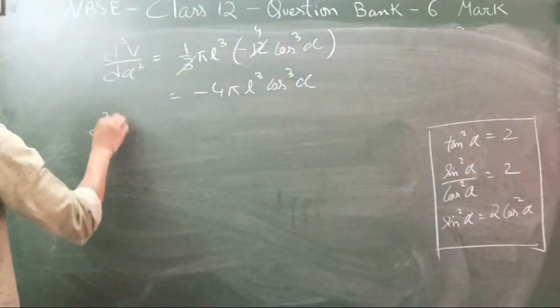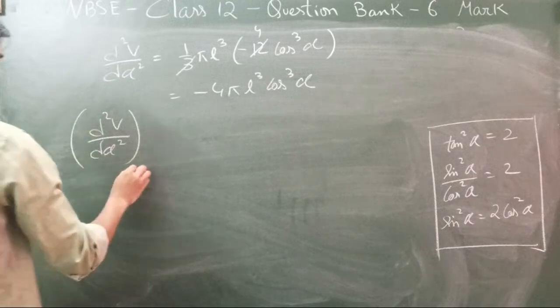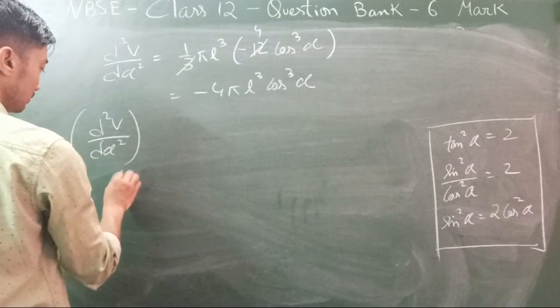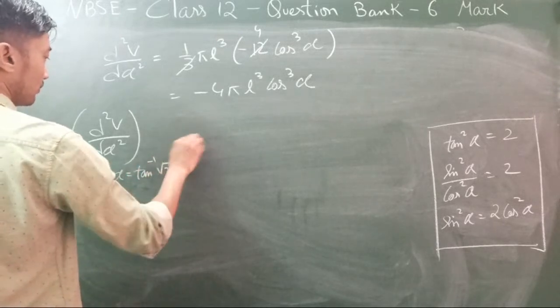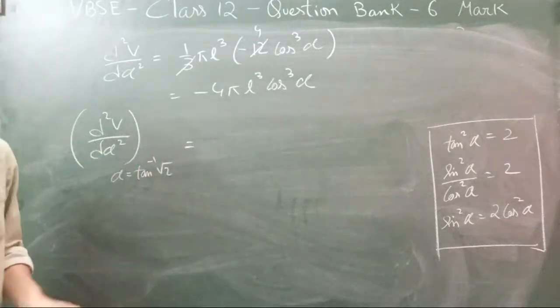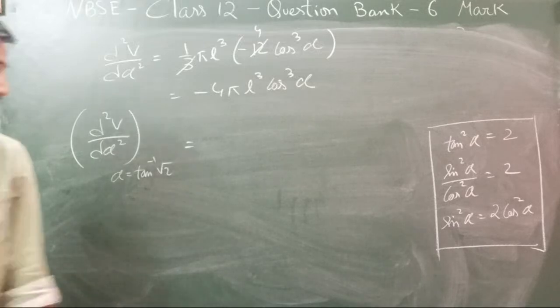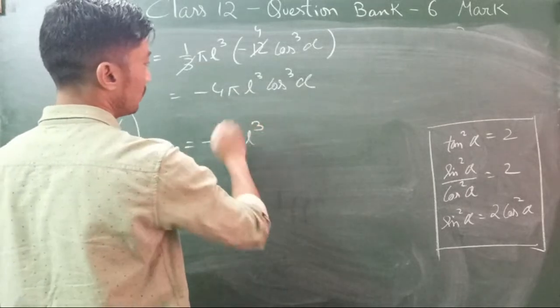So the value of this at alpha equal to tan inverse root 2 of course will be minus 4 pi, we don't have to calculate, okay?